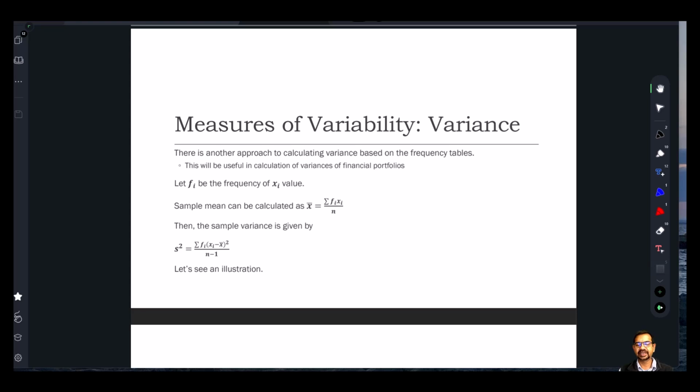So we call it expectations, and the expected value would be that probability times the return that is supposed to be accruing if that event happens. So the idea is very similar to the frequency tables that we looked at in the prior video.